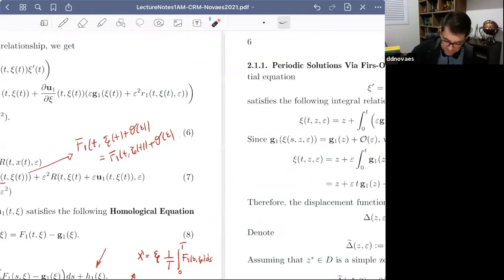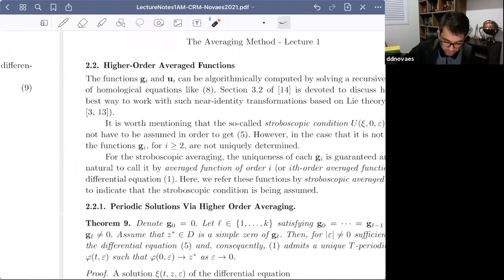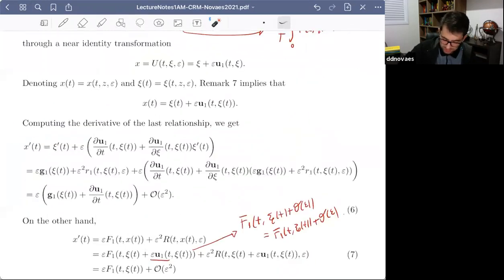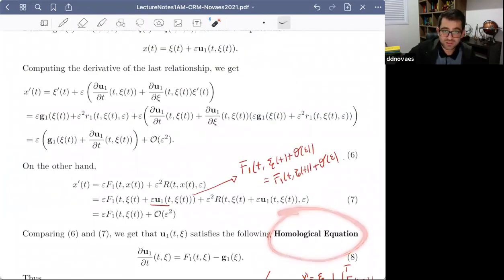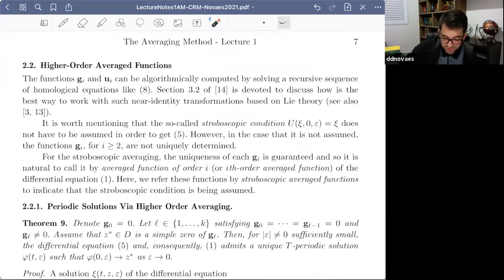Okay, so these functions gi are obtained by an analogous procedure, solving recursively a sequence of homological equations. We call them higher order average functions, or average function of order i.